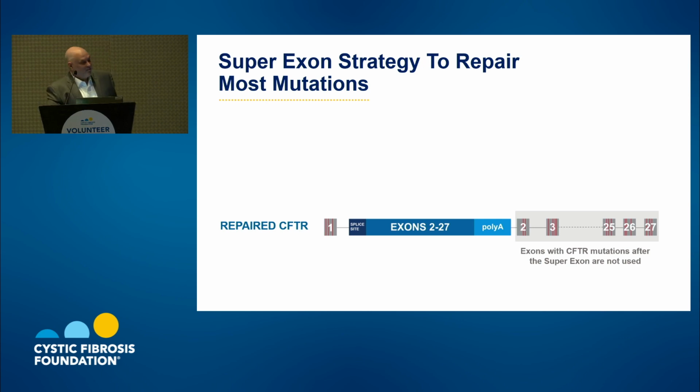What we can do is we can get the splicing event to occur between exon 1 and this super exon, which contains exons 2 through 27. The idea here now is that the protein that we would make is encoded by this small bit, which came from the original piece of DNA, and then this piece that we engineer that is the rest of the protein.